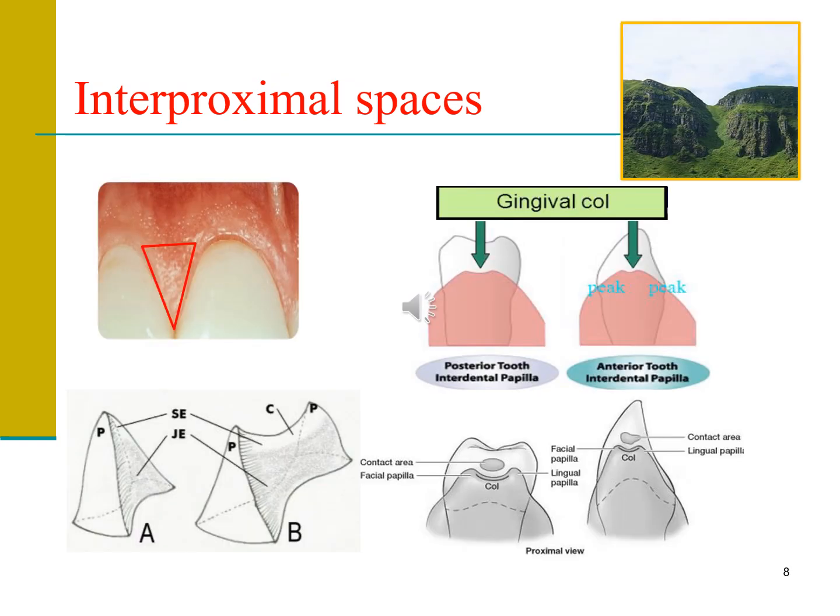As you can see here, the base of the triangle is at the alveolar process between the adjacent teeth, while the sides of the triangle, the red triangle here that you see, are formed by the proximal surfaces of the teeth. The apex is at the contact area between the two teeth. These spaces in between the teeth are called interproximal spaces.